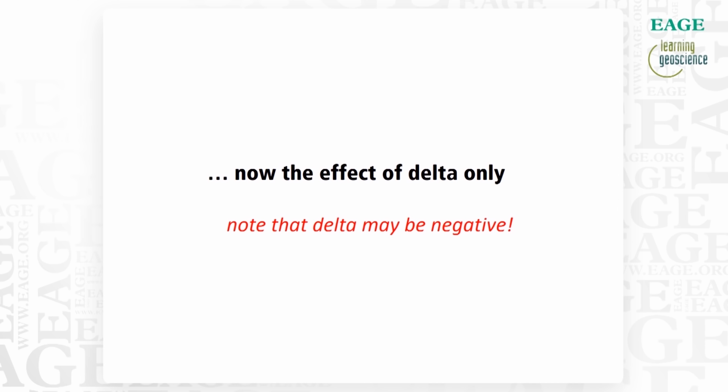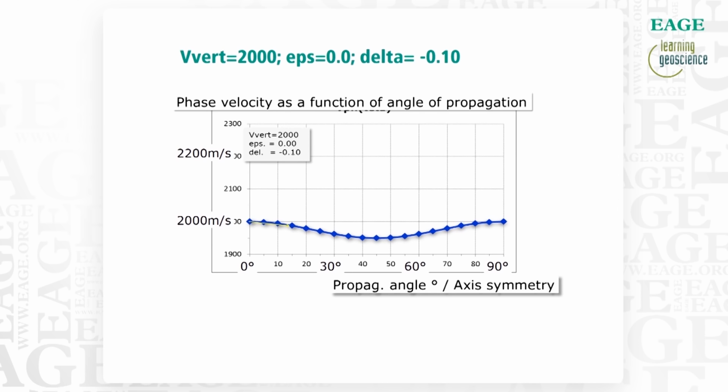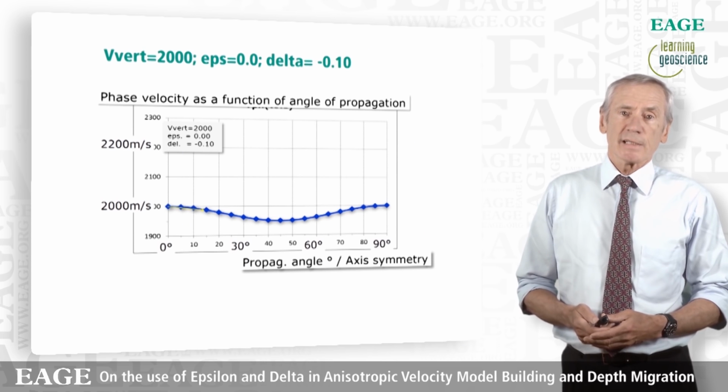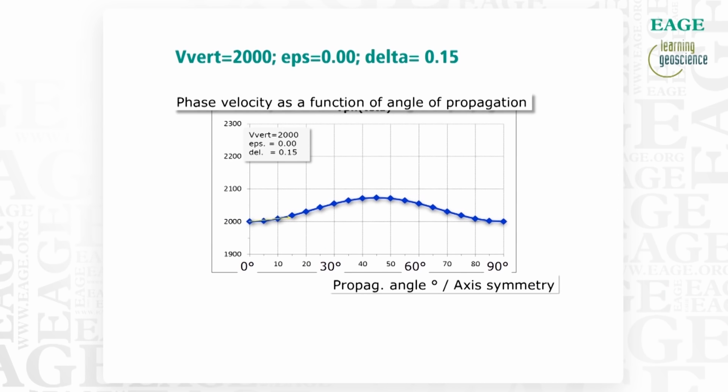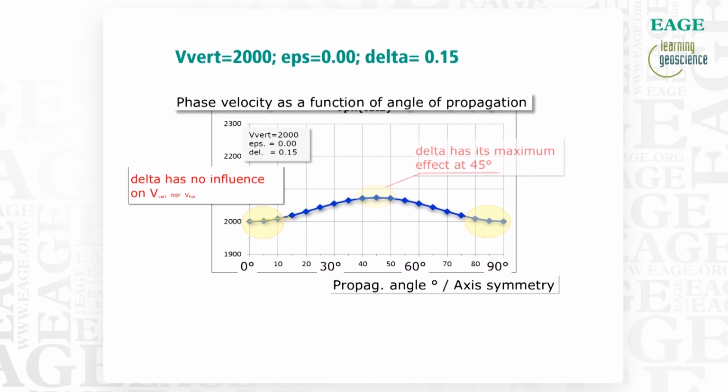Now let's concentrate on delta, and delta only. Note, by the way, that if epsilon is always positive, delta may be negative. So that would be the curve for delta equals minus 10%, and that would be the curve for delta equals plus 15%. And you see from this curve that delta doesn't influence the velocity for vertical and horizontal propagation, and is mainly affecting velocities around 45 degrees.